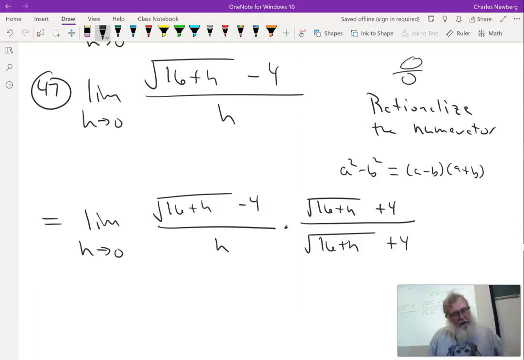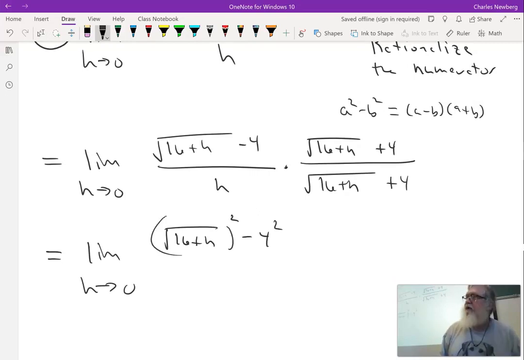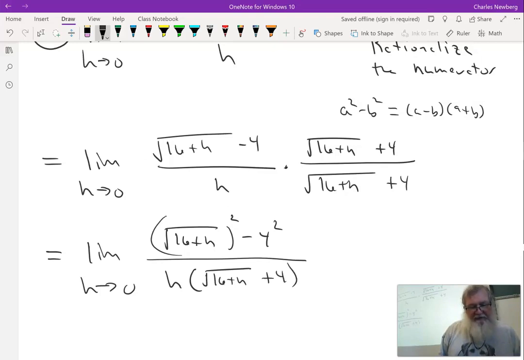So I'm not going to FOIL it out in calculus 1. I'm going to say this becomes the square root of 16 plus h, squared, minus 4 squared. A squared minus b squared. In the denominator, you'll discover you usually don't like to multiply out, because you're hoping something's going to cancel. You're hoping to cancel out the 0 and the 0. So what happens here, Marissa?